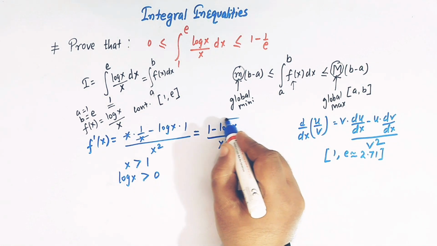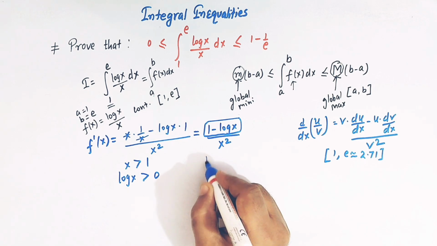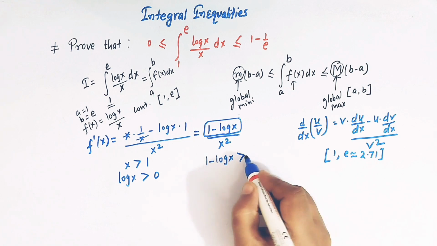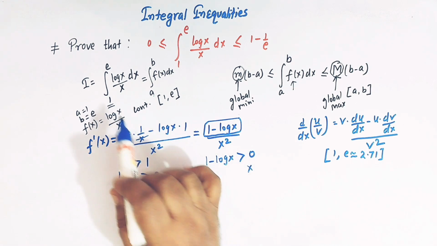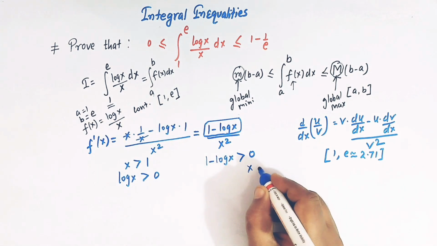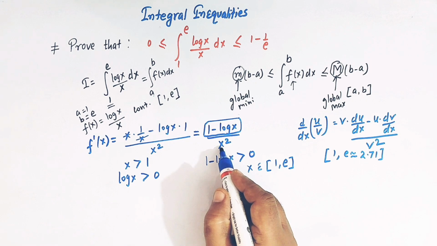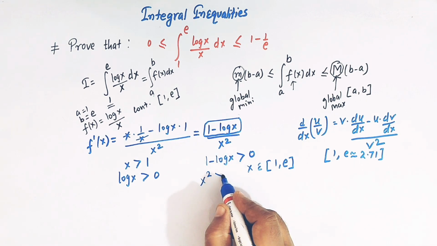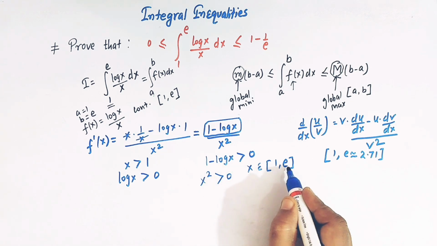Now consider this term, 1 minus log x. So 1 minus log x is always greater than 0 whenever x belongs to this interval 1 comma e, right? And in the denominator we have x square, so x square is also greater than 0 for all x belonging to this interval 1 comma e.